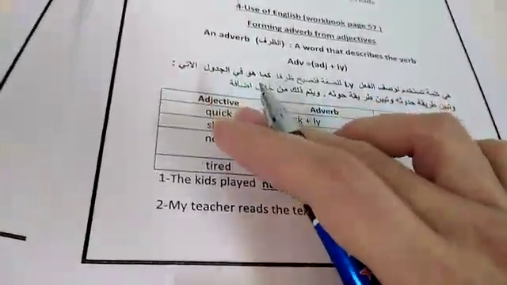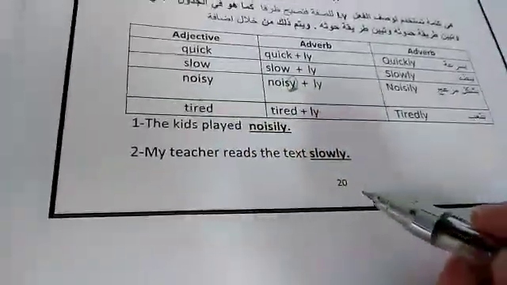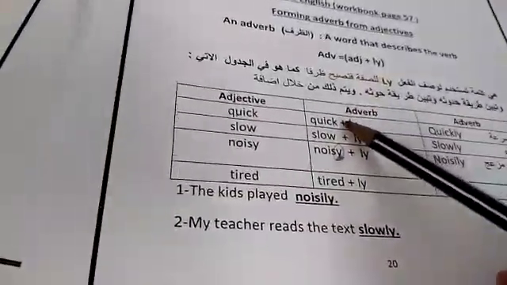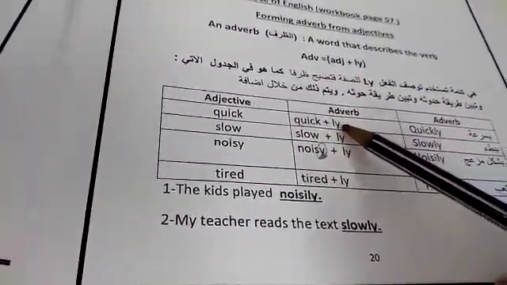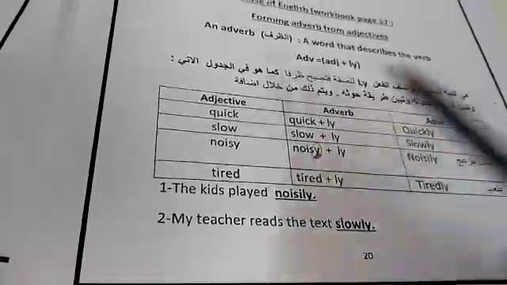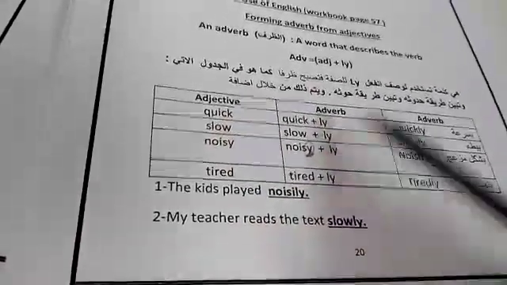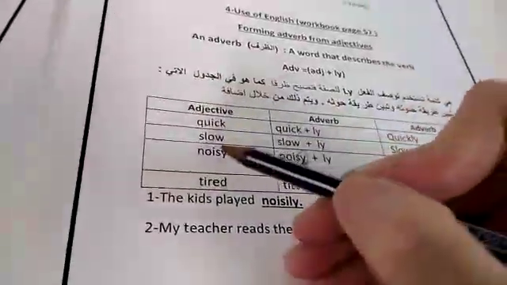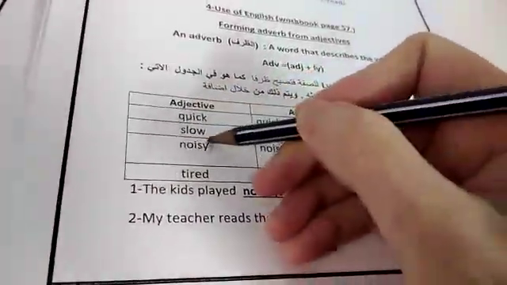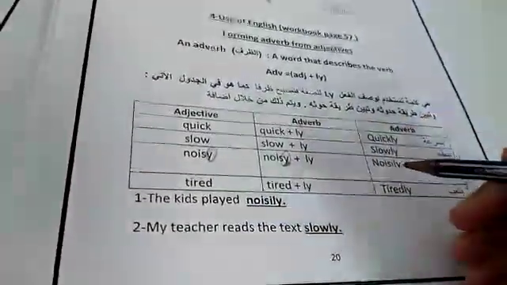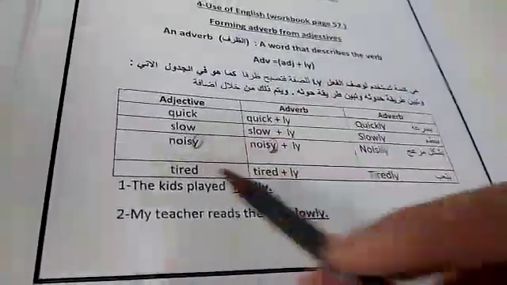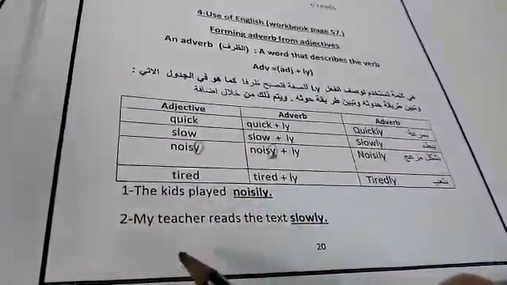Let's read the examples down here in your booklet, page 20. Quick plus ly, quickly, adverb. Slow plus ly becomes slowly. Noisy, the y becomes an i, then we add the ly, noisily. Tired, tiredly.